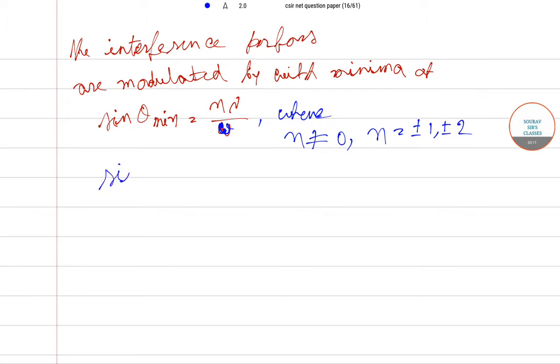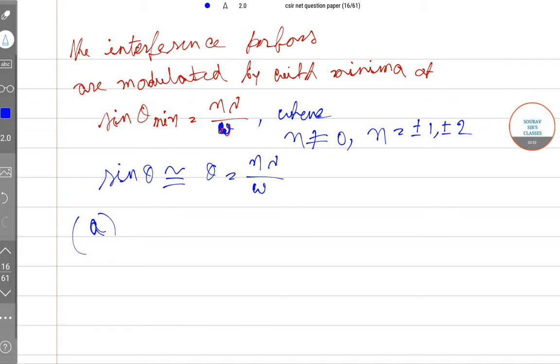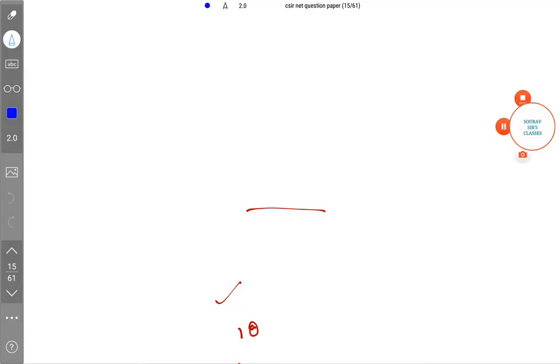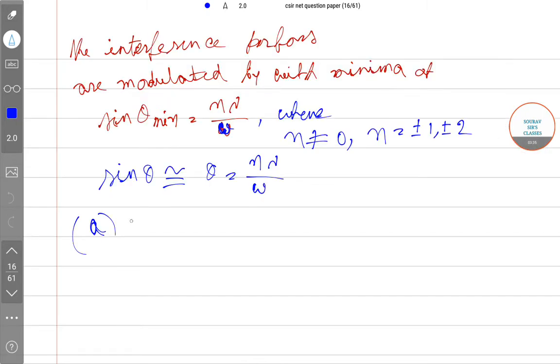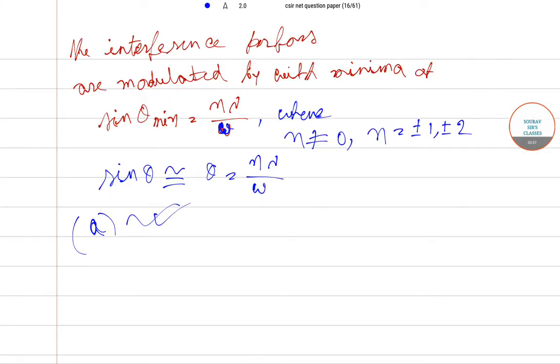Sin theta is nearly equal to theta, which equals n lambda by W. So answer option A is the correct answer.